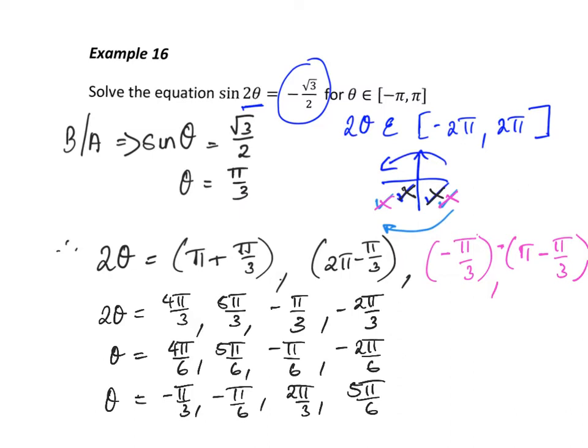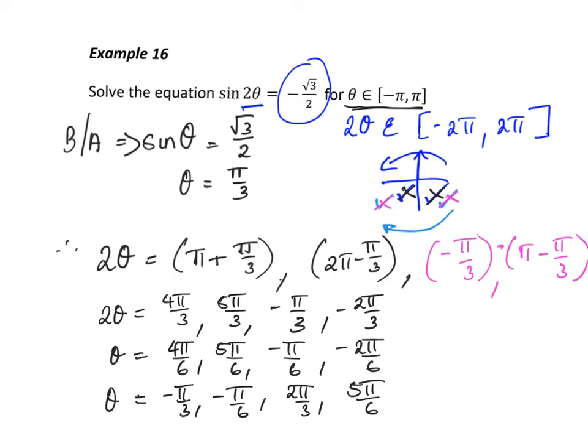So there are a lot of things to consider in that example. The double angle there, the fact that that will affect not only my domain, so it changes my domain, but it also means that in the end, to get my solutions, I've got to divide through by that particular value.